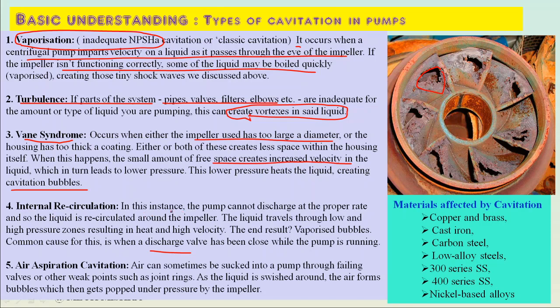In this instance, the pump cannot discharge the proper rate of liquid, so the liquid recirculates around the impeller. The liquid travels through the low to high pressure zones, resulting in high heat and high velocity. The result is vaporized bubbles. The common cause of this is the discharge valve being closed while the pump is running. We should not close or throttle the discharge valve.